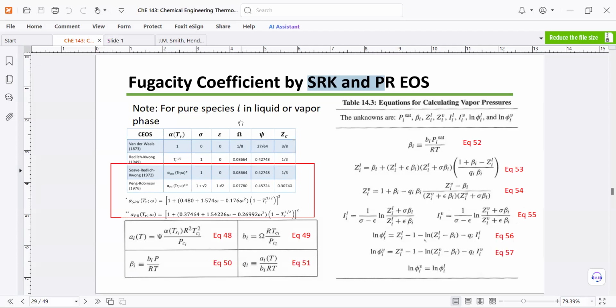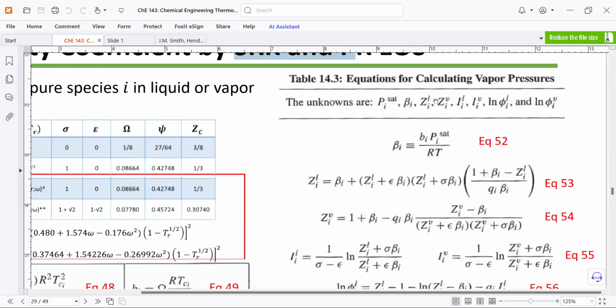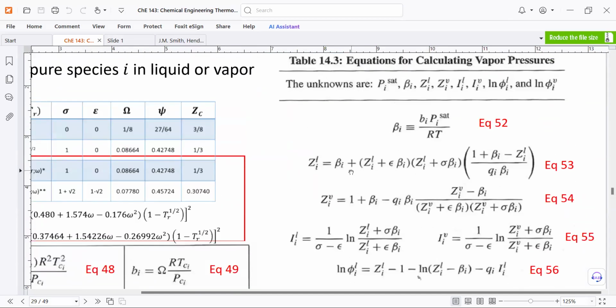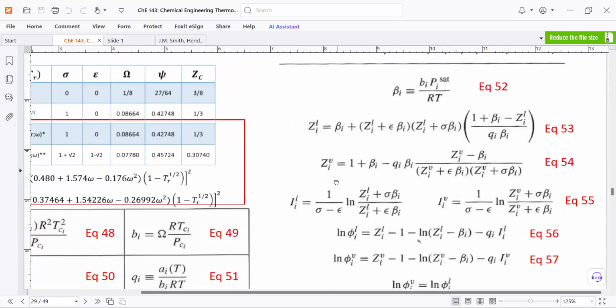It will add more steps in the calculation. Why? Because now we have equations for both the liquid and vapor phases, and also we have a subscript i which points to the species. Okay, so please take note for now.